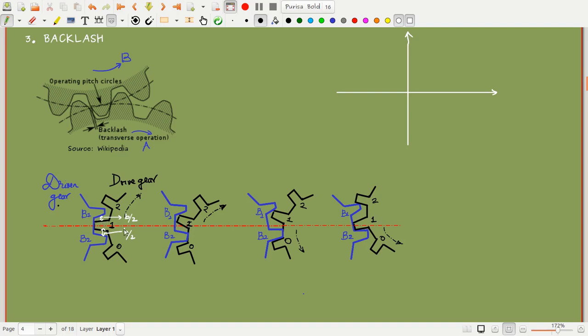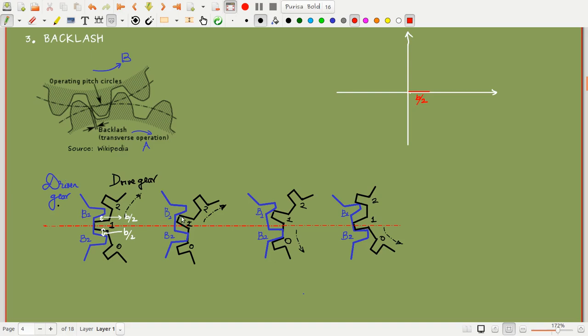Now the drive gear is rotating in the clockwise direction. So only after it moves B by 2 distance can it initiate a rotation for the driven gear. It has to move about B by 2 distance for some time in order to initiate a rotation for the driven gear.